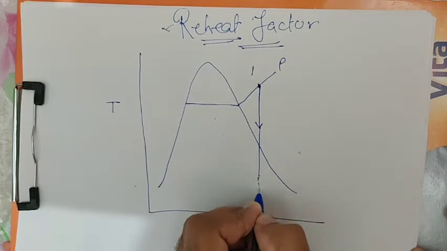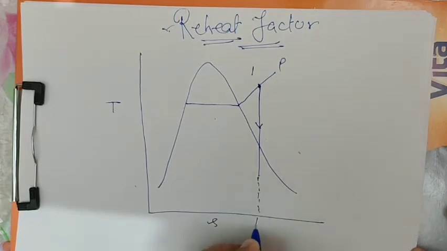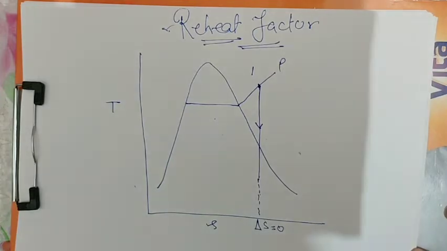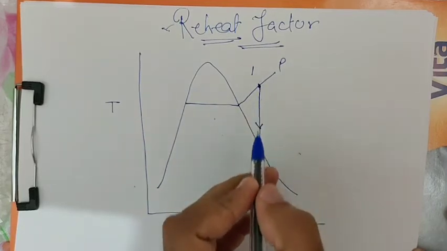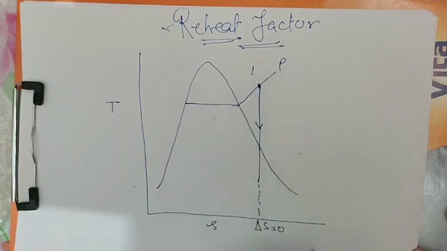It means there is no change in entropy. This is the ideal condition. It is the isentropic process in which no entropy change takes place.